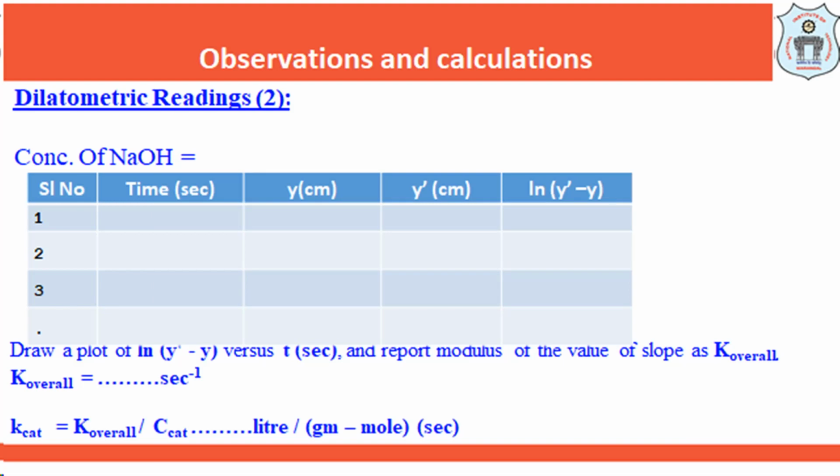Once we have the overall rate constant, we can find out the catalytic rate constant, which is nothing but the overall rate constant divided by the concentration of sodium hydroxide, at 0.05 normal as well as 0.1 normal. So we will have two dilatometric readings, 1 and 2. Once that is done, we complete the observation and the calculation part.